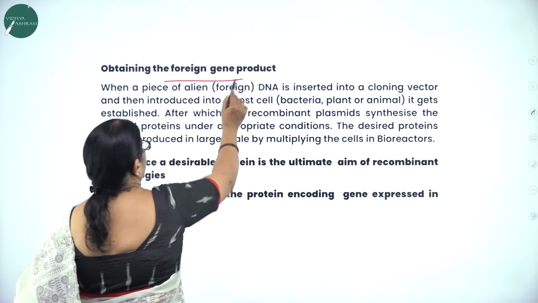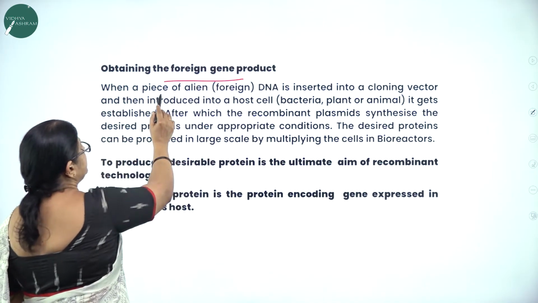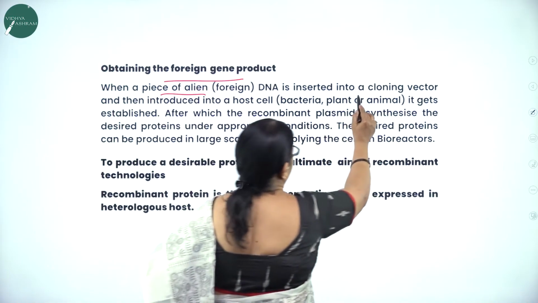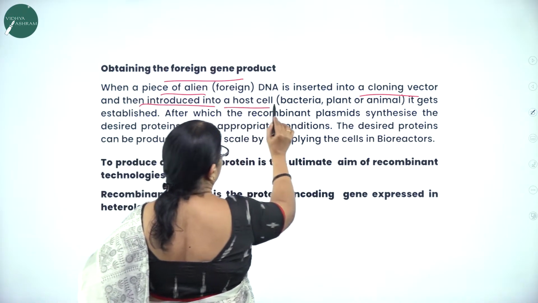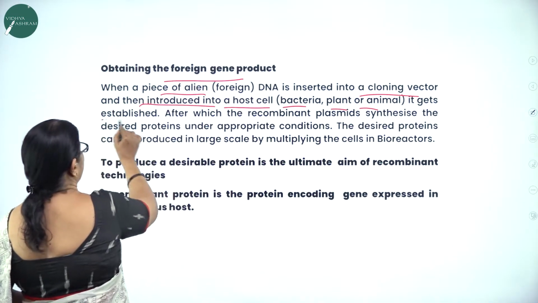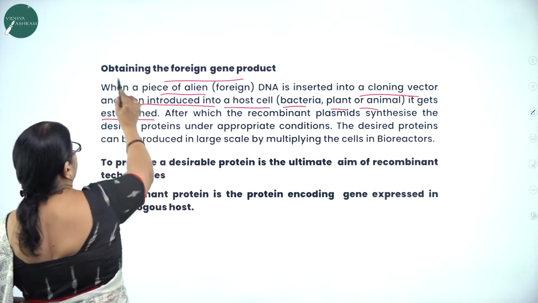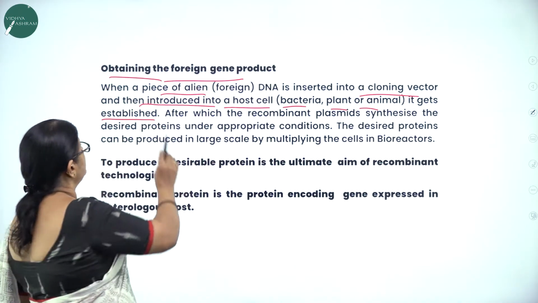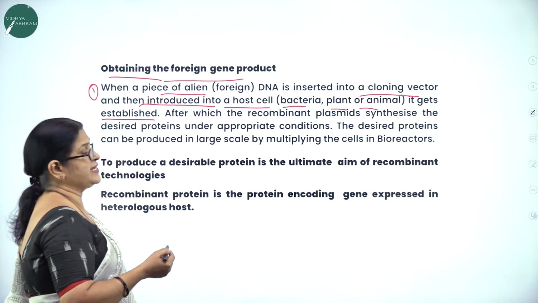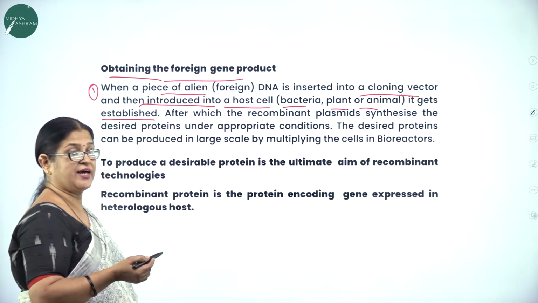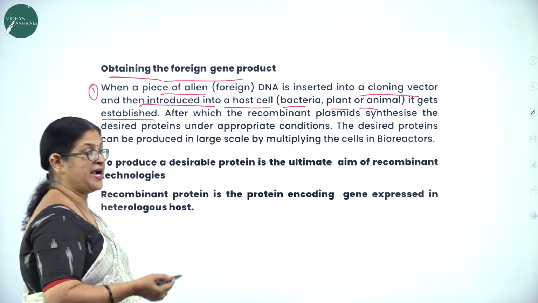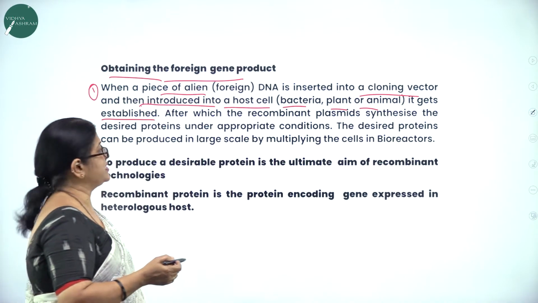Then obtaining the foreign gene product. When a piece of alien, that is foreign DNA, is inserted into a cloning vector and then introduced into a host cell, which might be a bacterium, plant or animal cell, it gets established.